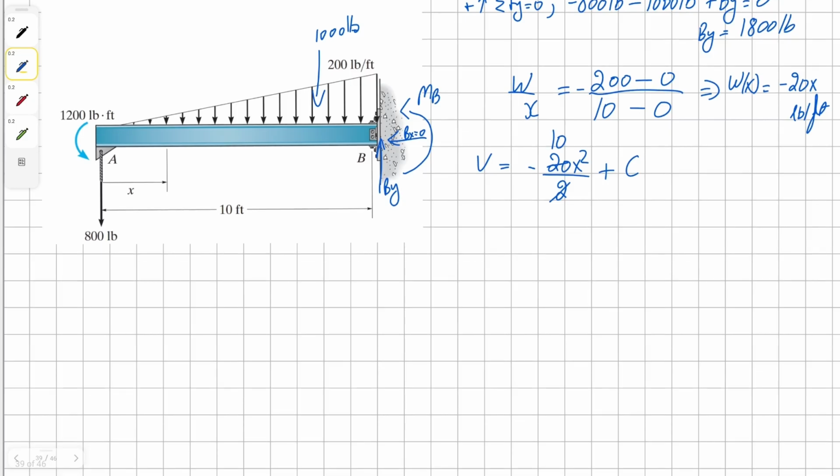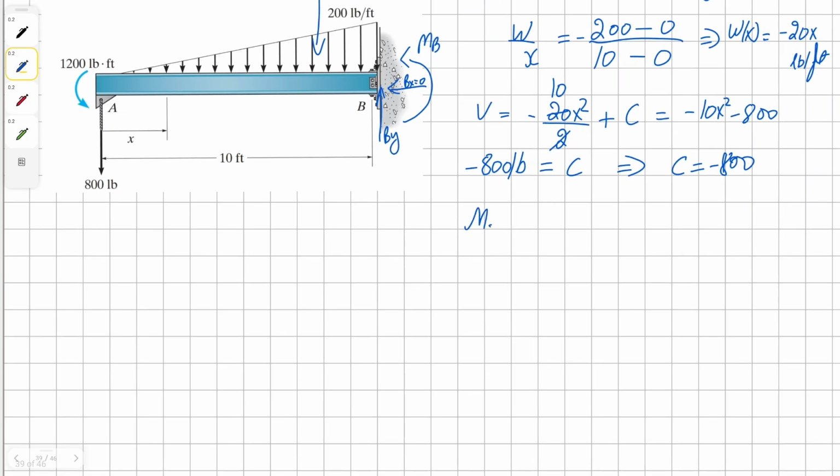To find the value for our constant, we know our shear is going to be negative 800 pounds when x is 0. This tells us our constant is negative 800, which we just simply have to plug into our shear equation to have it completed.